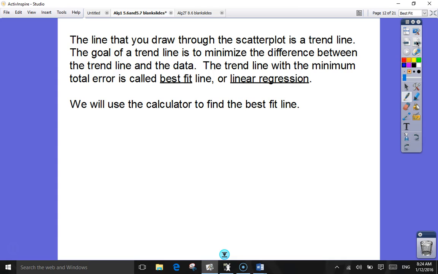So here's where you've got to get the calculator out. And I should say, a best fit line is also called a linear regression.